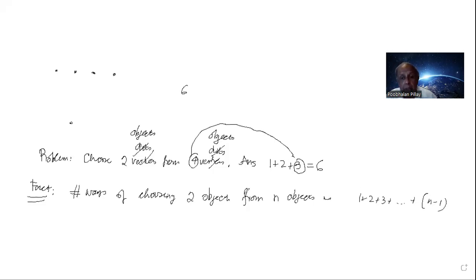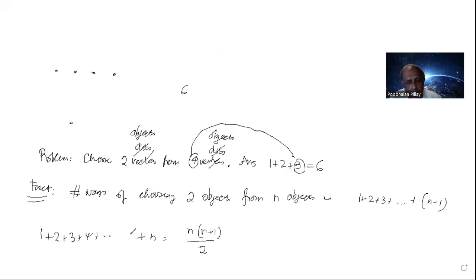Now for this, hopefully you know the formula. No Olympiad student should not know that 1 plus 2 plus 3 plus 4 up to n has a formula, and that is n into n plus 1 over 2. A very nice formula.